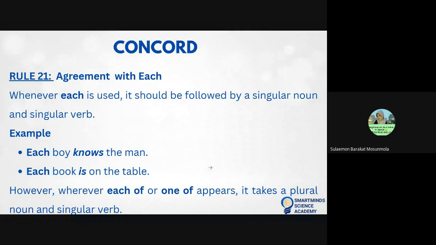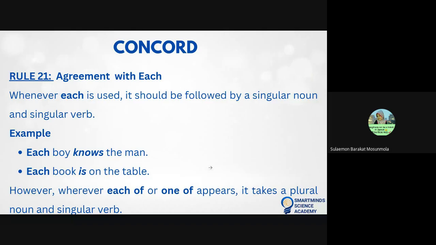But when you have each of, or one of, then it takes a plural noun and a singular verb. Don't mix the two up, please. When you have just each without the of, it should take a singular verb.